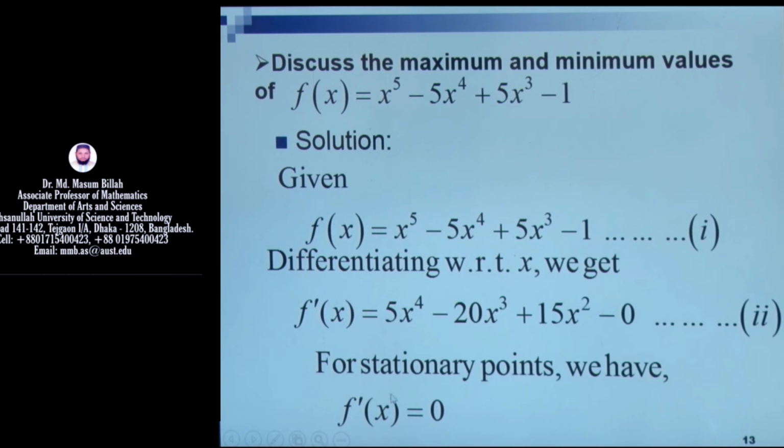Now for stationary points or critical points, we already discussed that when f'(x) equals 0, we get the stationary point. So set f'(x) equal to 0. What is f'(x)? It is 5x to the power 4 minus 20x cubed plus 15x squared equals 0.